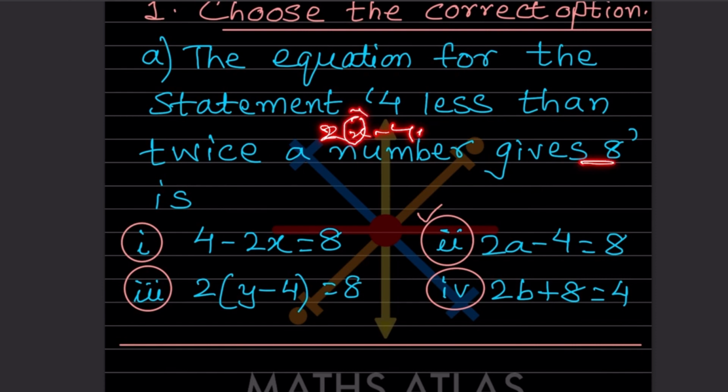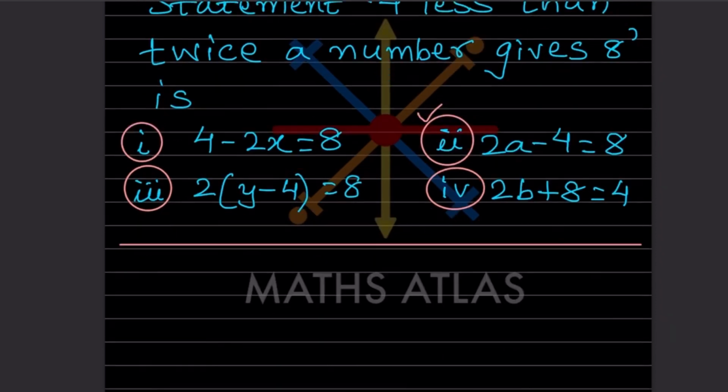Now let us see which of these options satisfies this. This cannot be 4 minus 2x. 2a minus 4 is 8. Here, in place of x, they have written a. It doesn't matter, you can use any variable. So 2a minus 4 is 8, and this is the correct option.